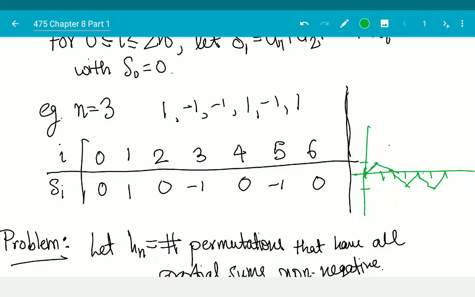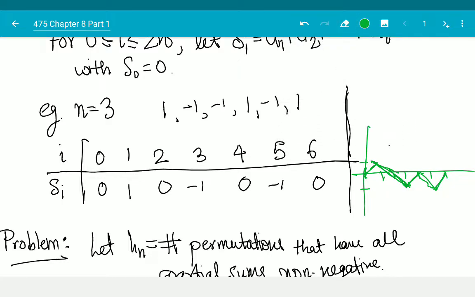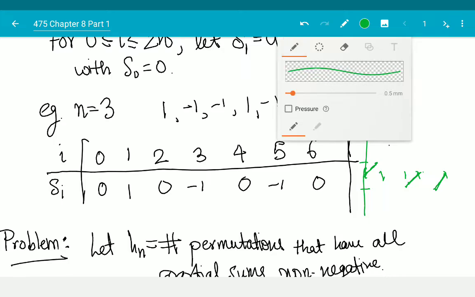So my drawing's not super great as usual, but you get how the sequence looks, right? Let me do a better job.